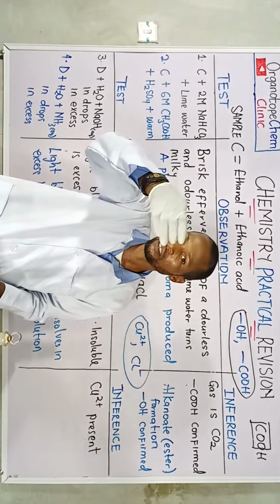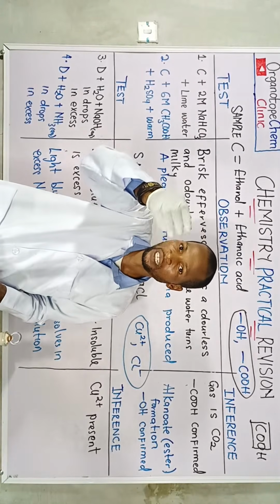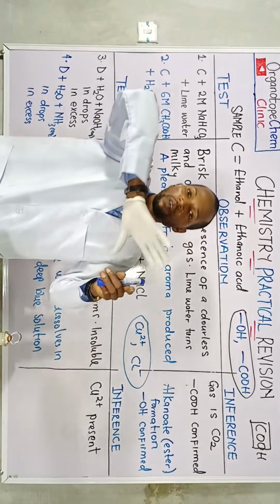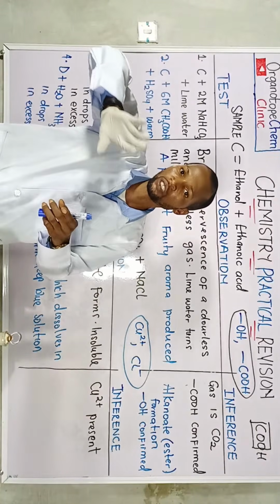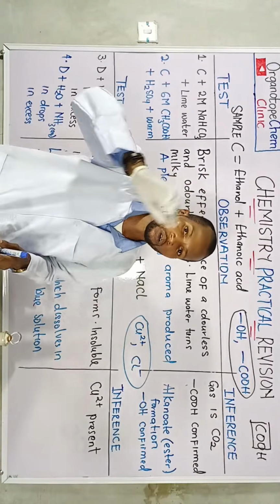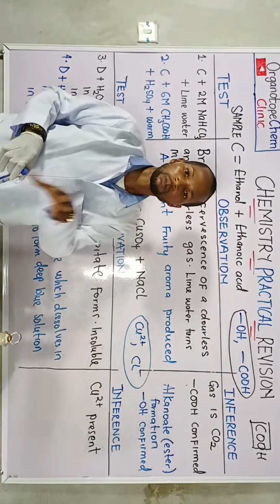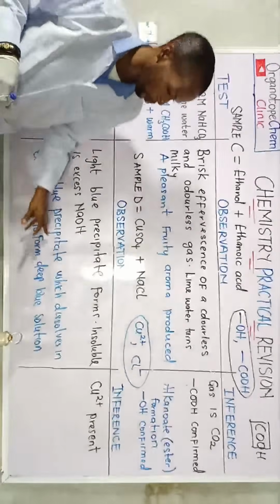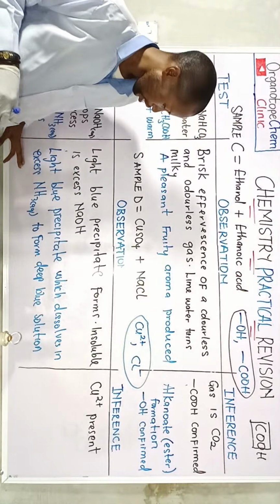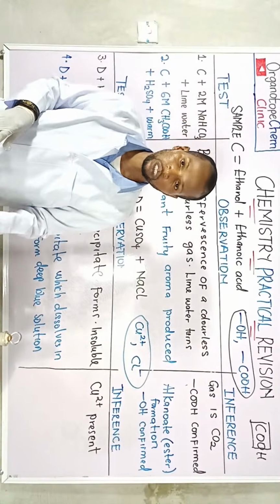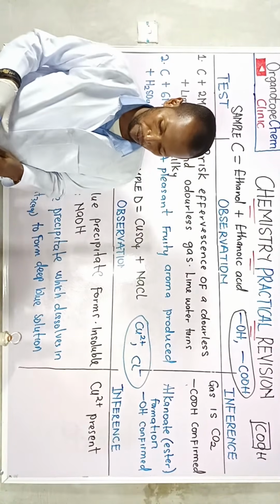That is, you tend to see tiny particles forming a cloud. Then when it forms a solution, it will be a clear solution. Is that okay? So learn to differentiate between precipitate and solution. So we have light blue precipitate which dissolves in excess aqueous ammonia to form what? Deep blue solution.